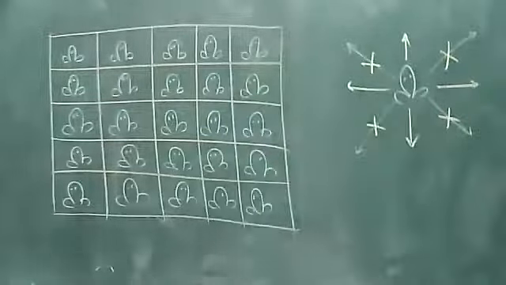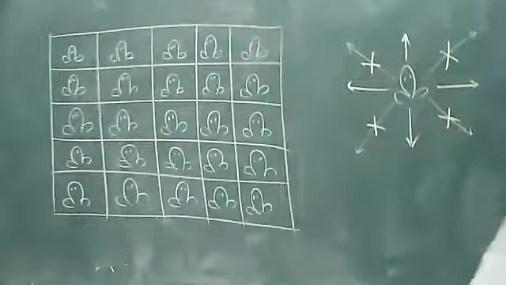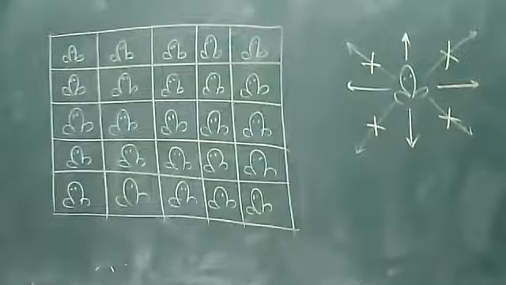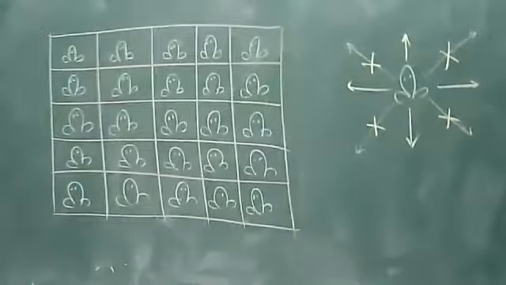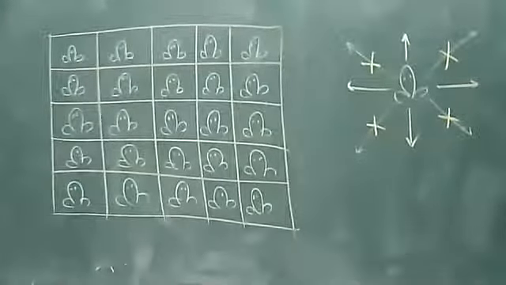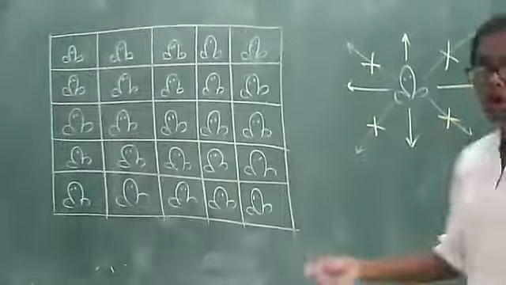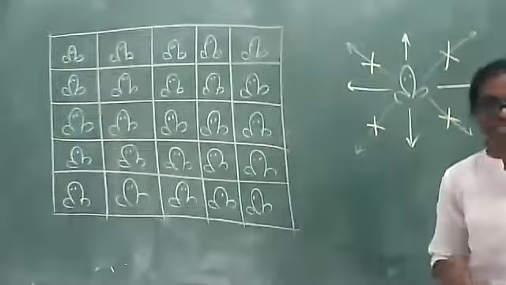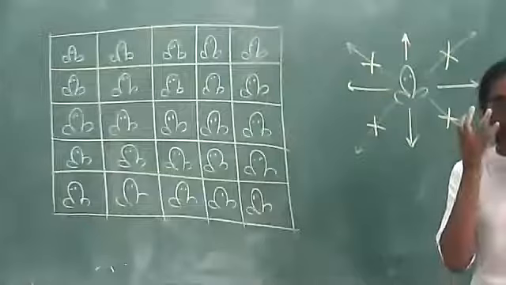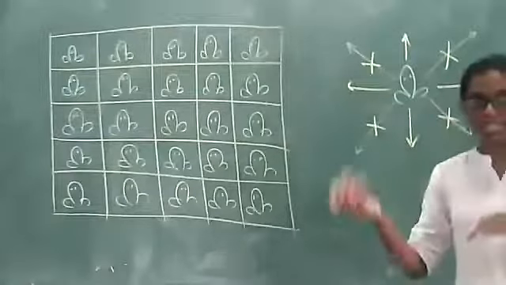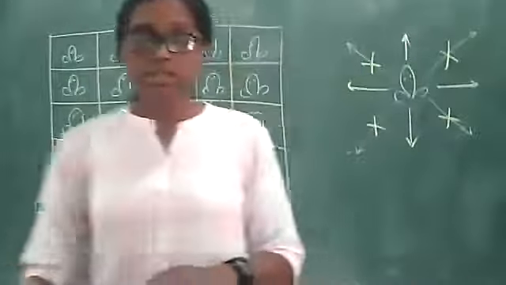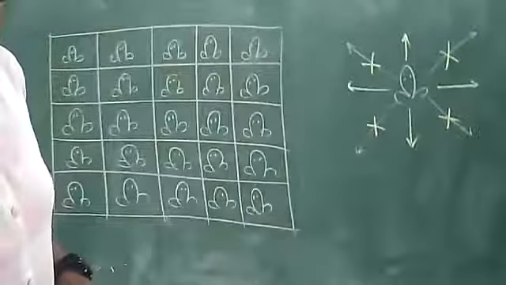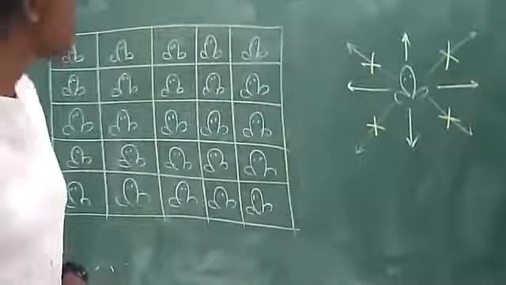So the question is, at a particular point, every frog jumps. Not even one frog stays in the original place. Every frog jumps at the same time. What is the minimum number of occupied boxes?